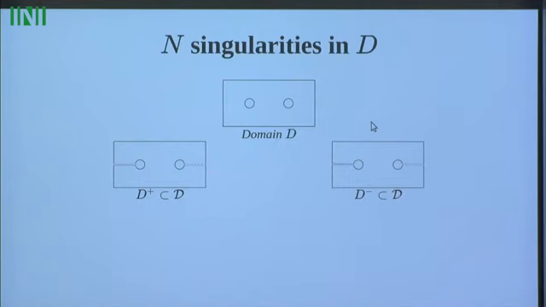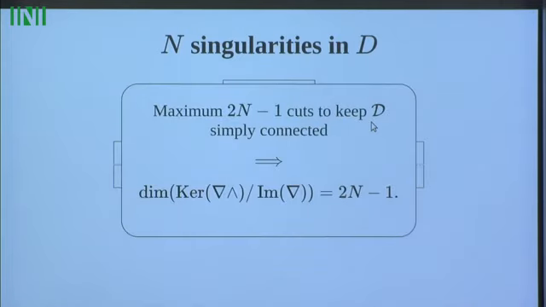So with 4 cuts I have 2 simply connected domains. If I had performed only 3 cuts, that is 2 times n minus 1, D would still be simply connected. And it's the maximum number of cuts you can perform in order to keep D simply connected.